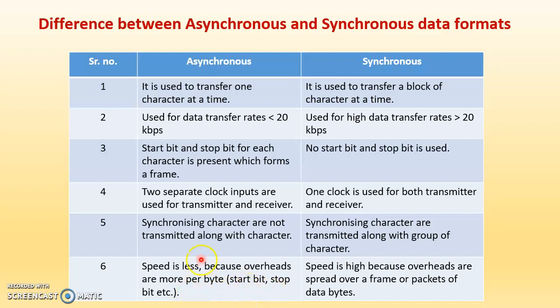Start bit and stop bit are required for each byte. So the speed is low in asynchronous, and the speed is high in synchronous because the overheads are spread over a frame or packet of data. So this is the difference between asynchronous and synchronous types of data formats.